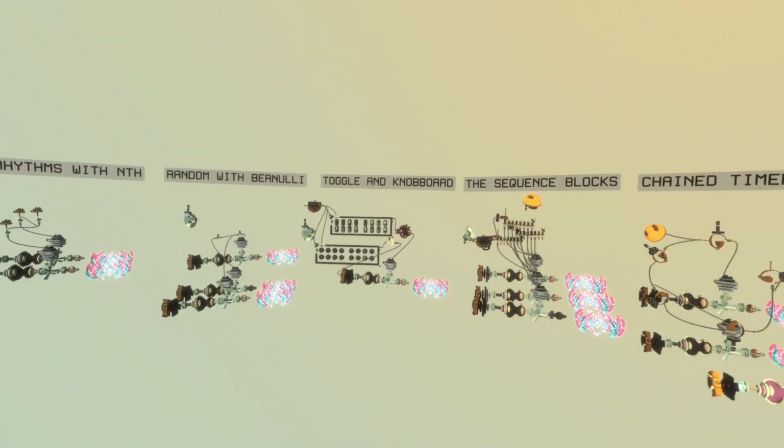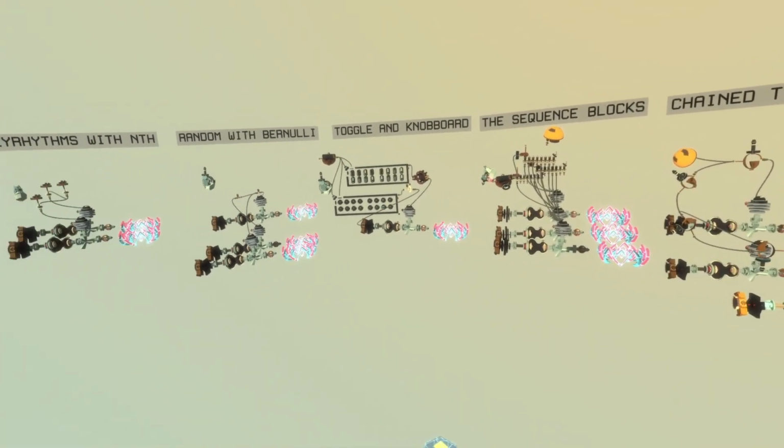Alright, I am going to clean this patch up a bit so that you can play around with it yourself. And one thing I encourage you to do is to try and figure out how each of these techniques work, and then try and combine them in some way.